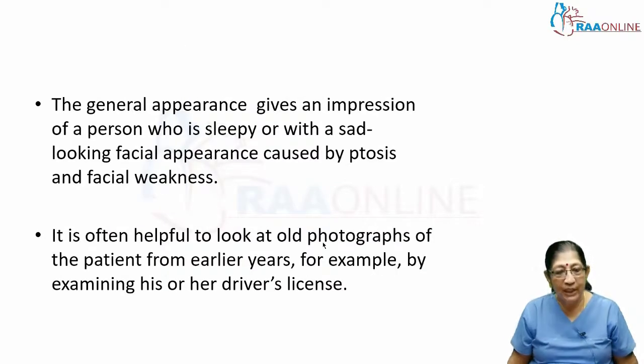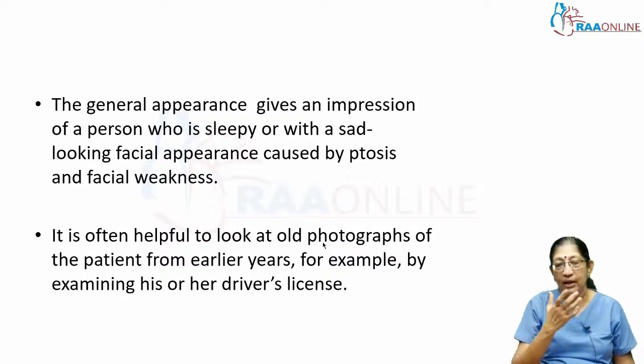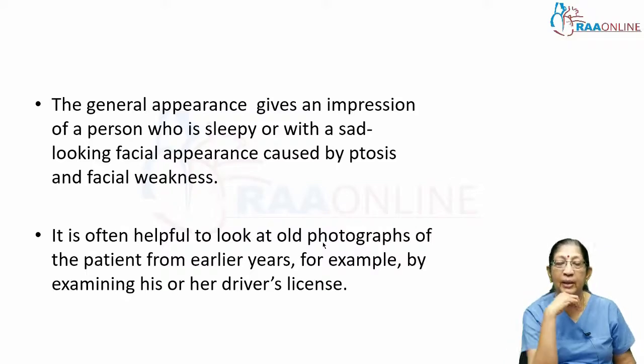Sometimes the facial appearance makes you think that this patient may be sleepy or just depressed, because they have a droopy mouth, or partially closed eyes, ptosis, some facial weakness, and they will be sitting like this. And sometimes because they have a hanging jaw, they will keep their hand also like this.